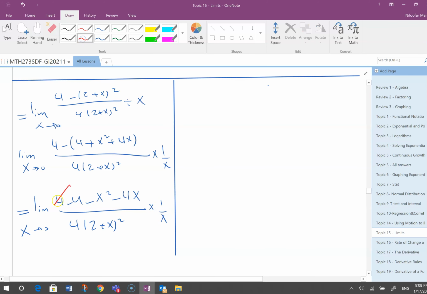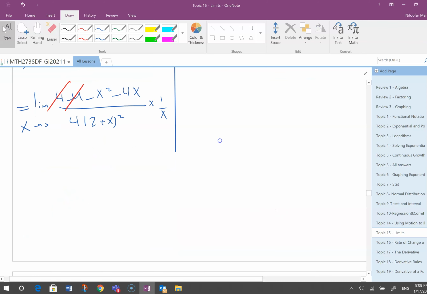So I can cancel 4 and 4. Okay, so it is the limit as x goes to 0 of minus x squared minus 4x divided by 4x times (2 plus x squared). Still the problem exists if I substitute.